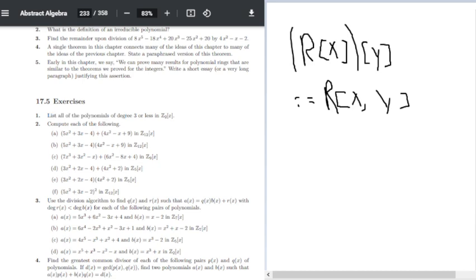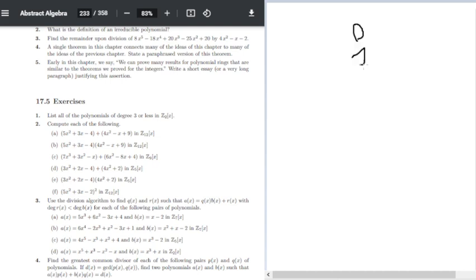Alright, so list all the polynomials of degree 3 or lower in Z mod 2. I think I'm good. So we have our constant polynomials 0 and 1. We have x. We have x plus 1.